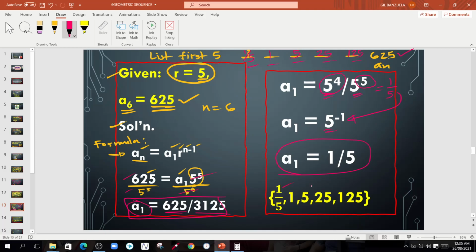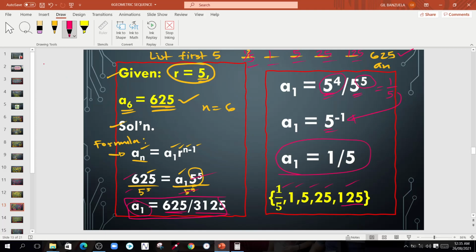So, here are the entire sequence. Alright, so these are the 6 elements of the geometric progression whose common ratio is 5 and whose last term is 625. Okay?